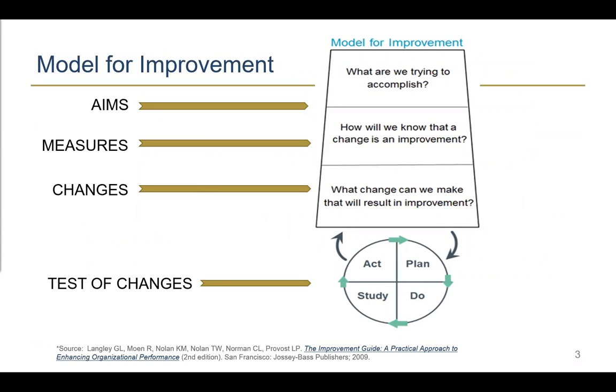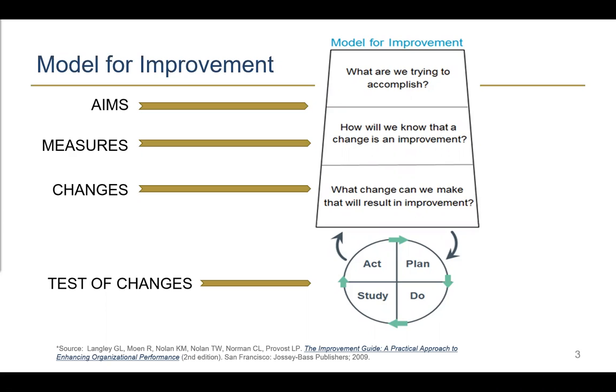We are going to review and adopt a tool widely used in healthcare for the formal implementation of performance improvement activity. The model for improvement was developed by associates in process improvement and adopted by the Institute for Healthcare Improvement as a tool for quality improvement. There are 2 parts to the model for improvement: the questioning or thinking of setting aims, establishing measures, and selecting changes, and then doing by testing the change through plan, do, study, act.